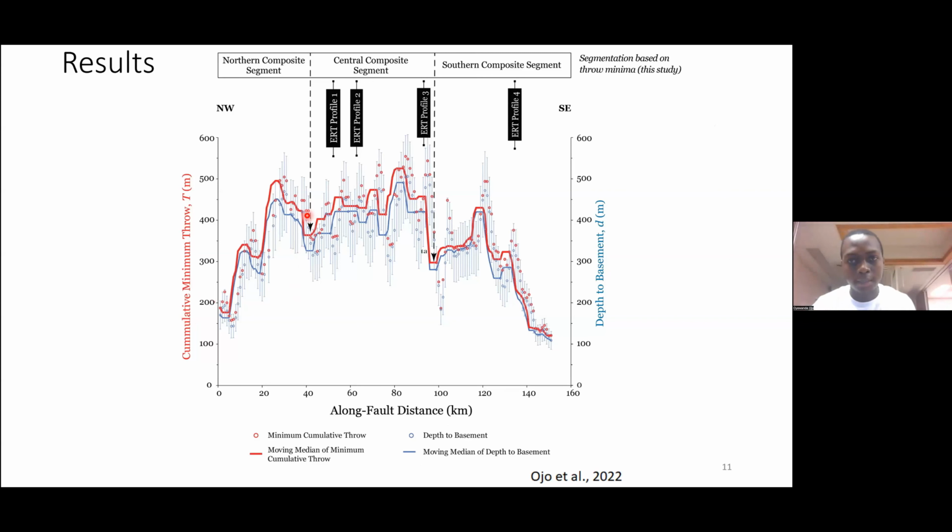And we were able to say that there are 3 major composite segments, which tells us that the surface component only shows the most recent activity along the fault. So when we need to look at the long-term accrual of displacement, there's a need for incorporation of the subsurface part of the fault.